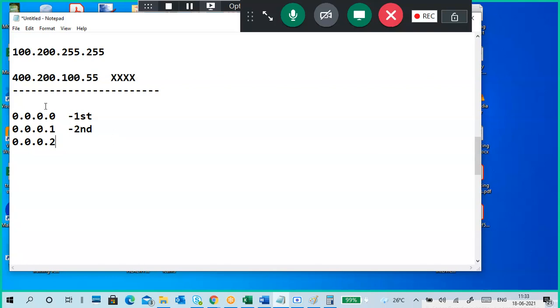It is not binary, it is decimal format only, 0 to 255 format only.